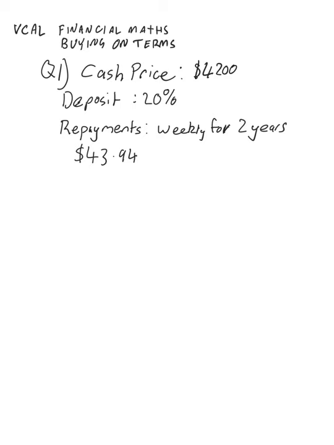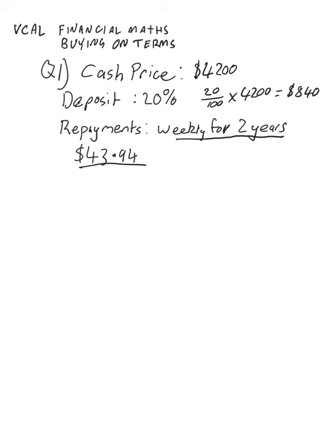Now, in this particular set of terms, the deposit is 20%, so that means you pay 20% of the cash price, and that equals $840. So you pay $840 up front, and you leave with the bedroom suite, but you also have to pay weekly payments for 2 years of $43.94. Now let's see how much that is altogether.